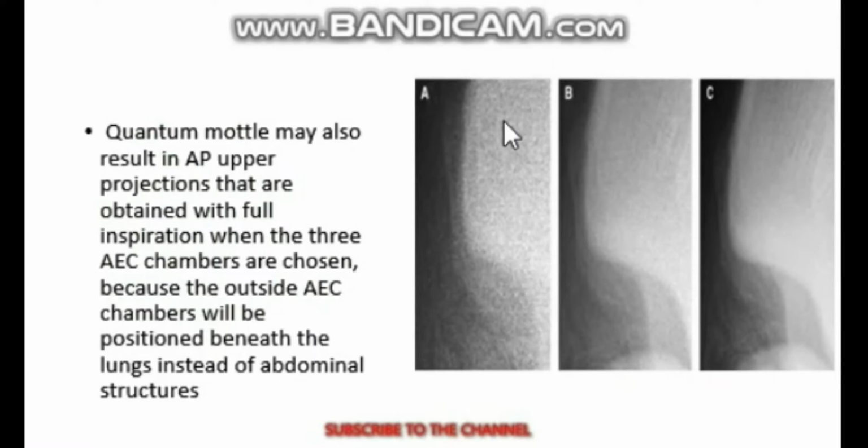So on inspiration, it has been found out that quantum mottle may also result in AP upper abdomen projections that are obtained with full inspiration, when the three automatic exposure control chambers are chosen, because the outside automatic exposure control chambers will be positioned beneath the lungs instead of the abdominal structures.